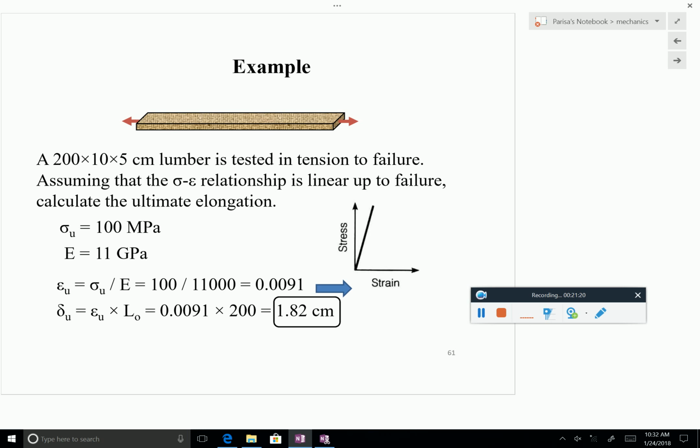So again, the point here is the wording of the problem. If you didn't have this little figure here, and you saw that it says up to failure, we have linear relationship and ultimate strength is this much, you kind of have to figure out that it goes up to 100 megapascal linearly.